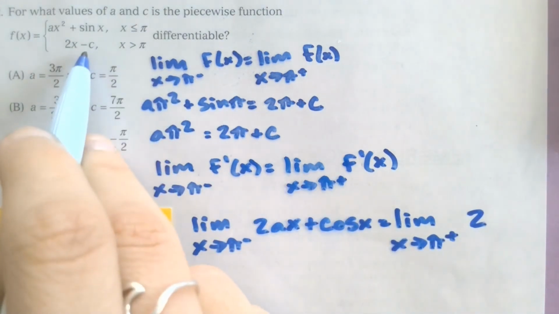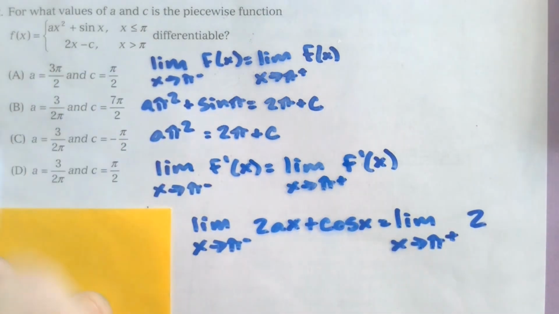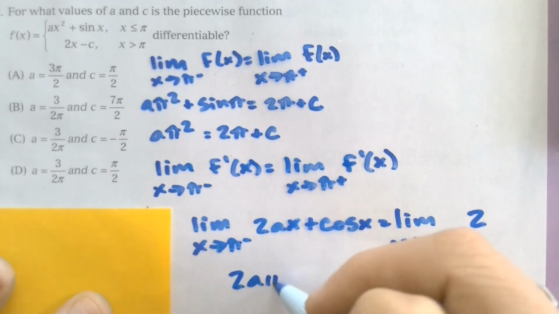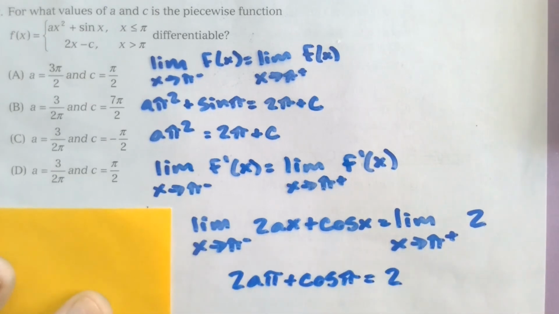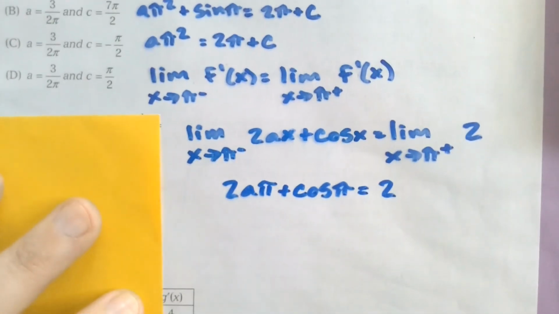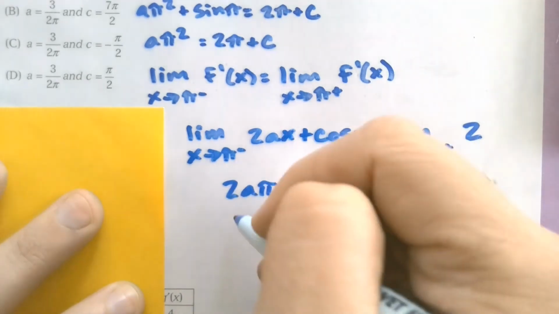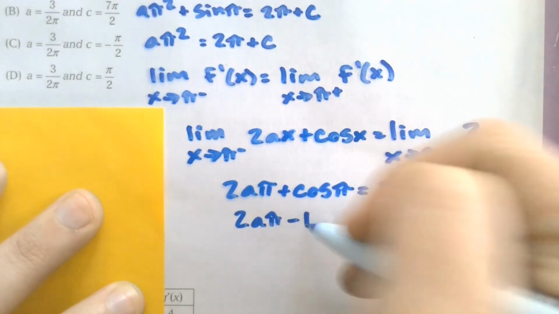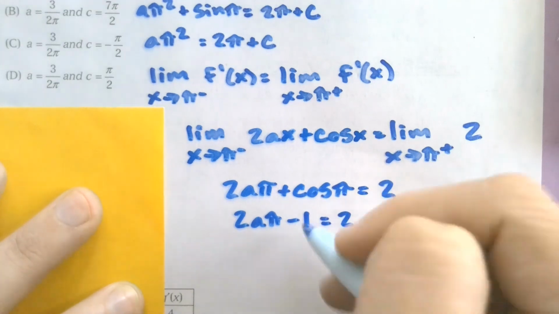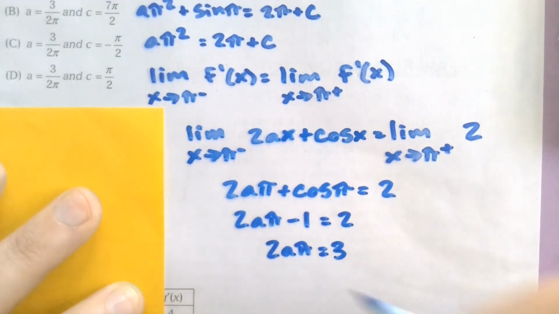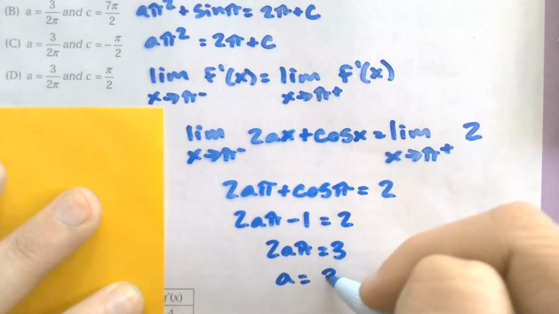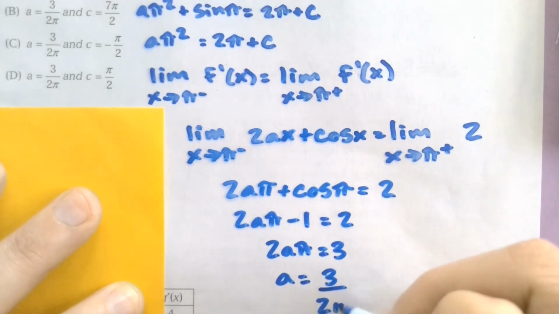Remember that c value is a number, so if I had like a -7 there, the derivative would be 0. So taking the limit from the left and the right, when I plug in pi, I have 2a pi plus cosine pi equal to 2. Evaluating my cosine of pi being -1, and then adding 1 over, and then dividing, I get that my a is 3 over 2 pi.